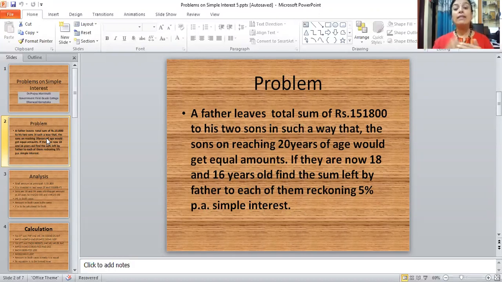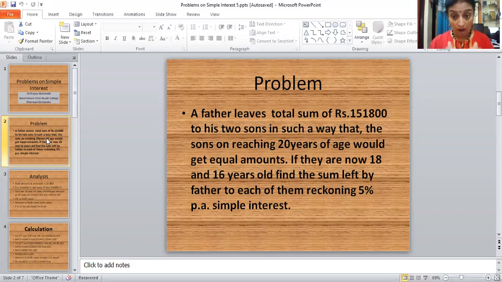When they attain the age of 20, when they become 20 years old, they are going to get the amount. Amount is equal to principal plus interest. Amount will be same, but principals are different here. And period is also different because both the sons get the amount at their age of 20.